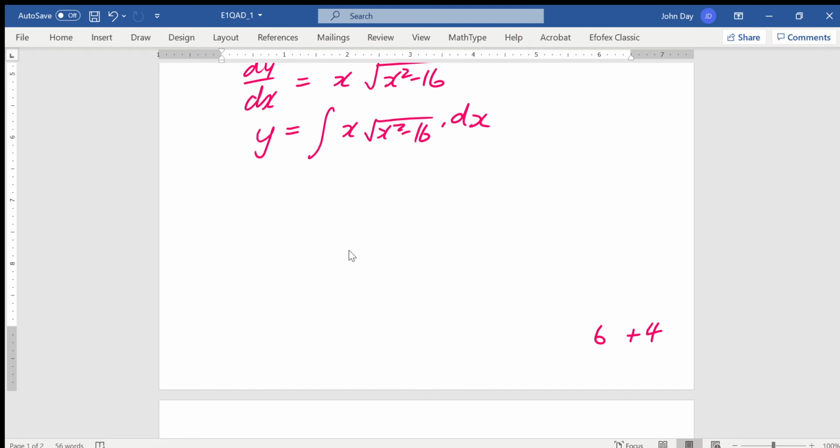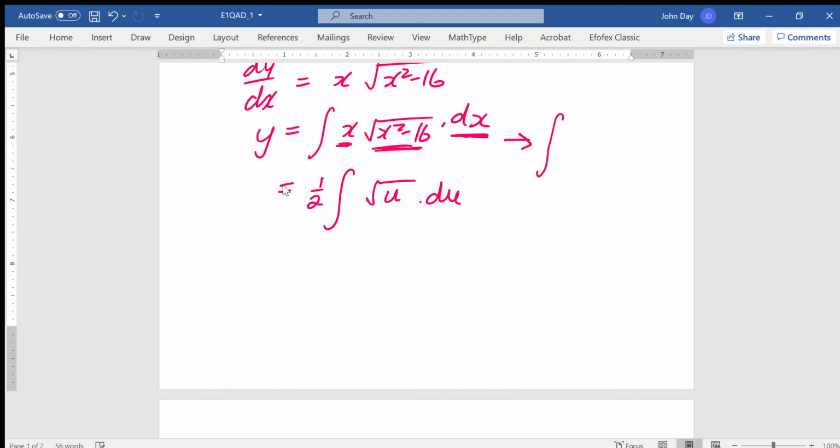I know that u was x squared minus 16, so that's a root of u, and du equals 2x dx, so I've got x dx here, but I need 2x dx to be able to put a du, which means I've got to compensate by multiplying by a half.